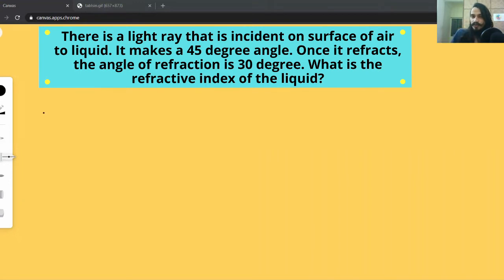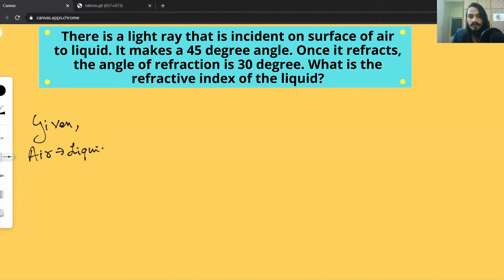Generally we start our sums by writing what is given to us. I know that this interaction is happening when light is going from air to a liquid.